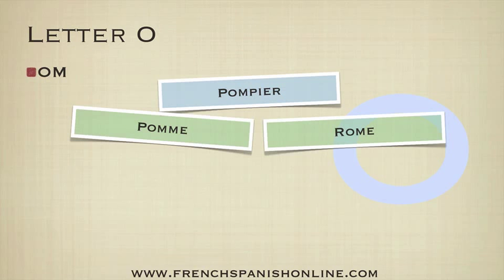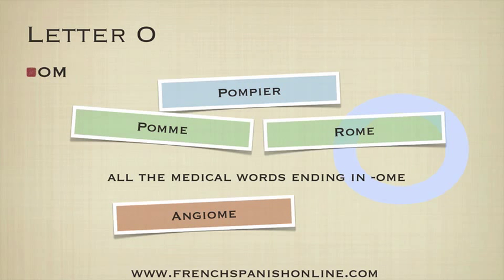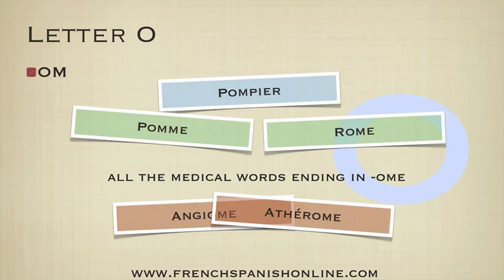So the sound is A. So we have on and A. All the medical words ending in OME, and this is an exception, have the sound O. For example, we say un angiome or un athérome. We don't say un athérome, but un athérome. So this is an exception here for the couple of letters OM.